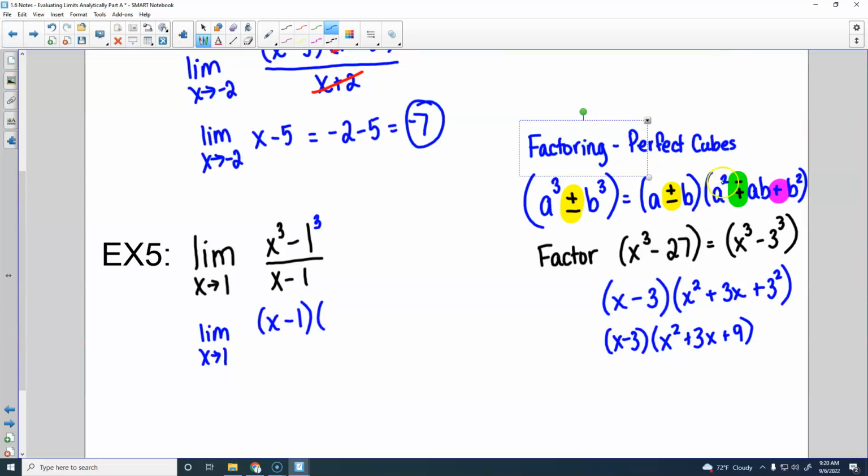And then it's a squared, so that's x squared, minus a times b, so 1 times x, so that's just going to give us x. Oh wait, what have I done wrong? That should be a plus for that second one right there. Those two signs should never match, right? It's going to be the same sign as your original here, different sign here, then always plus for the last. For the last, you're going to get 1 squared, which is just 1.